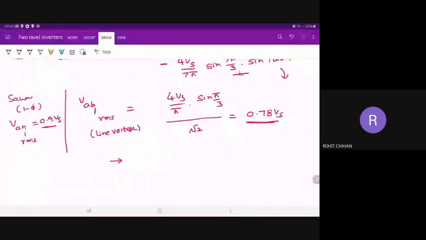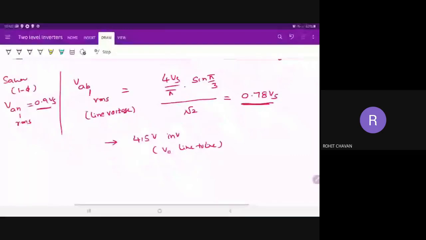For example, if you want to design a 415 volts inverter, that is output voltage line to line, what should be the value of VDC? It is 415 by 0.78.